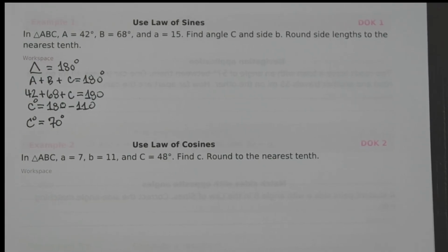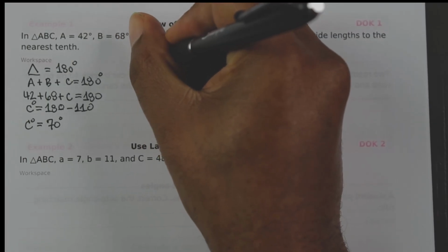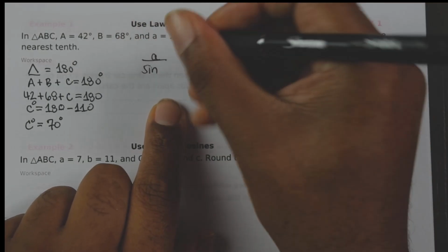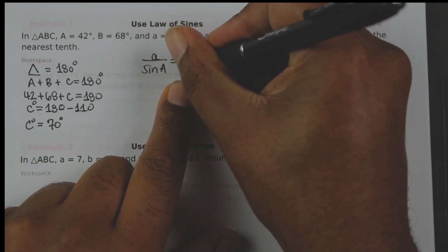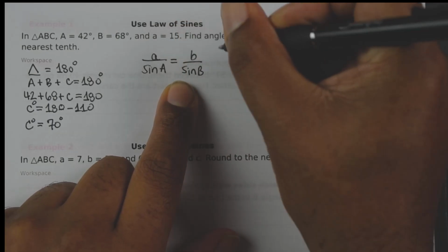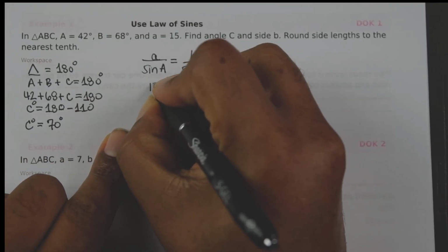Now we need side B. So we're going to use the law of sines. Side A is opposite angle A, as I mentioned earlier, and side B is opposite angle B. So what we need to do is simply say A divided by sine A equals B divided by sine B. Okay. And then we can substitute what we have. We know A is 15.